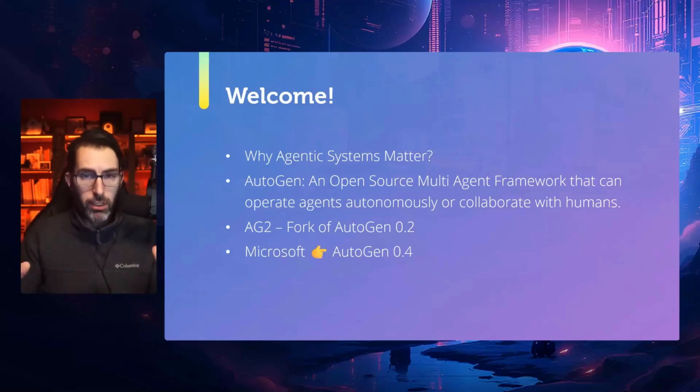Everything that we're talking about today is open source, by the way. Both of the Autogens are open source. It started at Microsoft. There is a fork outside there called AG2 that forked out from version 0.2. And then Microsoft keeps building Autogen into 0.4.